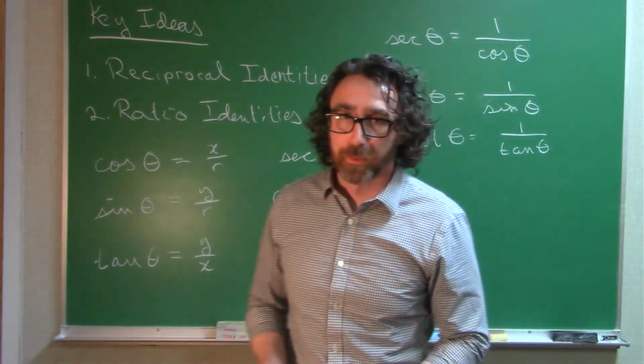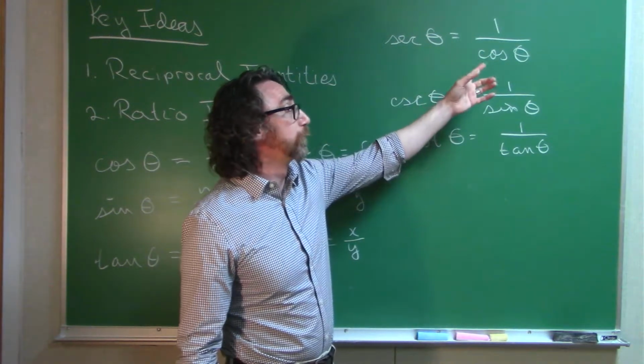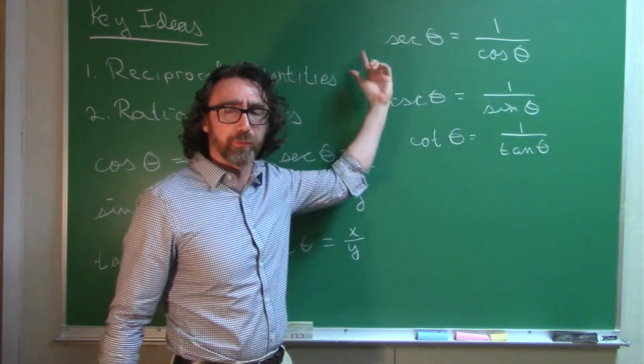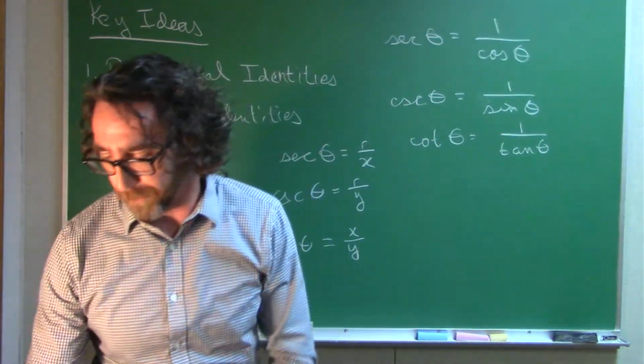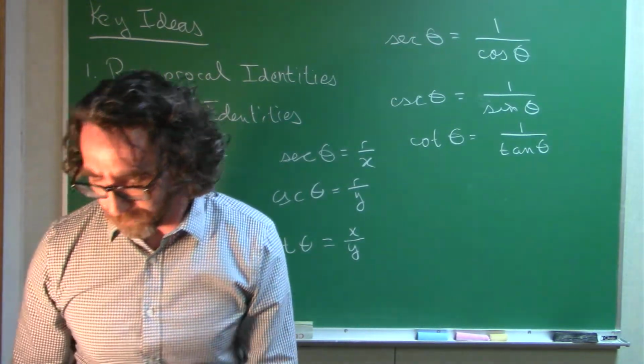So if we know cosine, we can figure out secant, but it also goes the other way. If we know secant, we can figure out cosine, because if you take the reciprocal twice, you're back where you started. Let me do a couple of examples here.